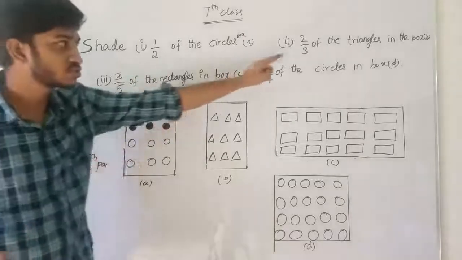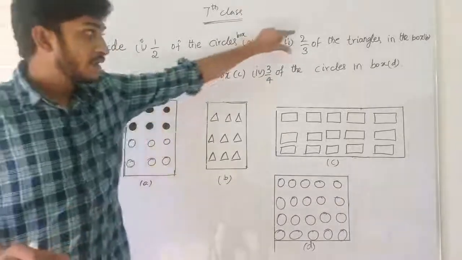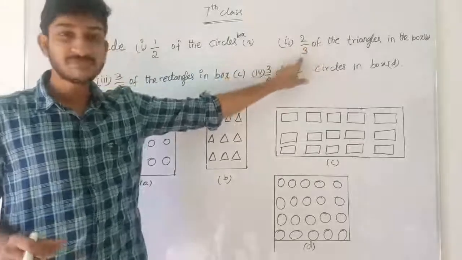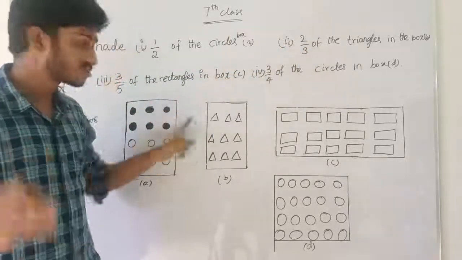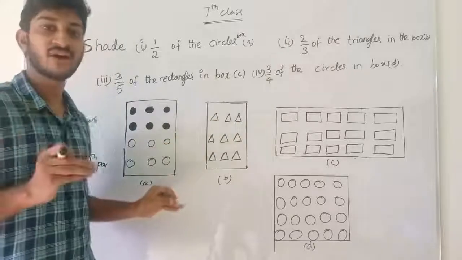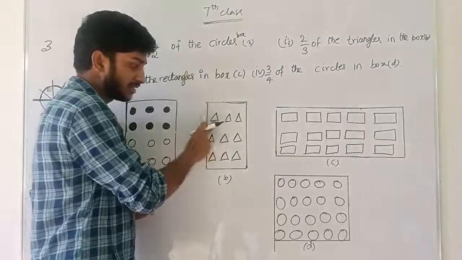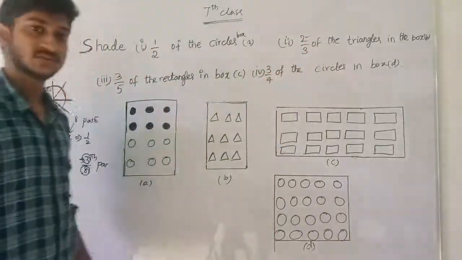Now see here, 2/3 of the triangles in the box. In how many parts are these divided? 3 parts, 3 parts means 3 rows, 1, 2, 3 rows, or 3 columns. In these 3 parts we have to shade how many parts? 2 parts.